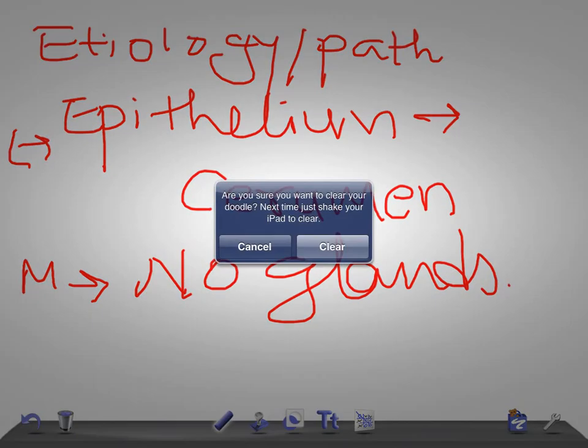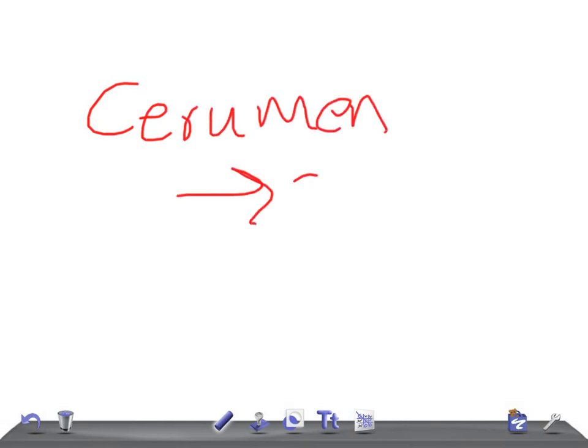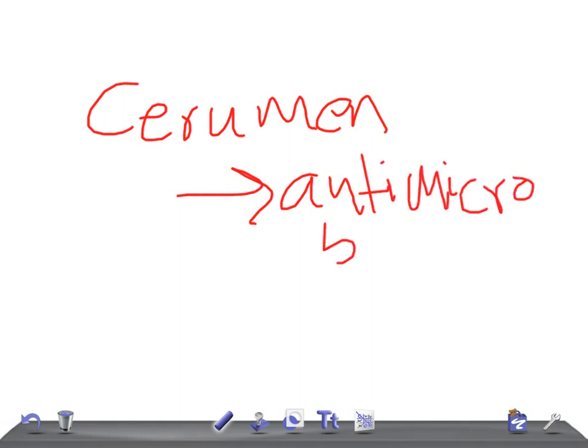Now what happens is the cells in the cerumen migrate laterally to self-cleanse. The cerumen has antimicrobial properties.